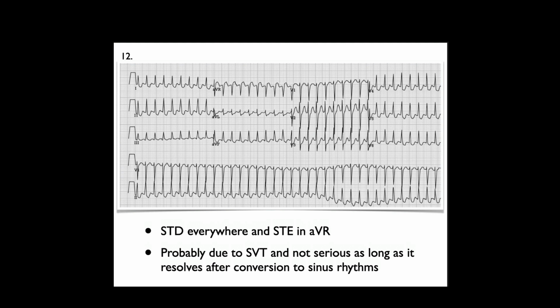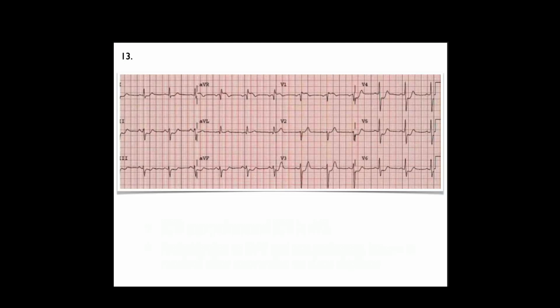You don't want to be the newbie on scene yelling about left main coronary artery occlusions and the fire captain is looking at you like you're an idiot. So, okay, what about this one? Anne? Widespread depression and there's elevation in aVR, so maybe that is a STEMI. Okay.